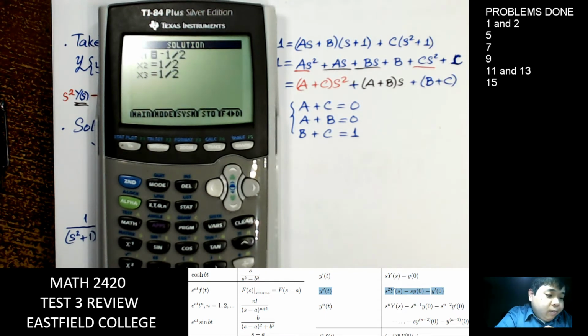So A is negative 1/2, B and C are 1/2 and 1/2.